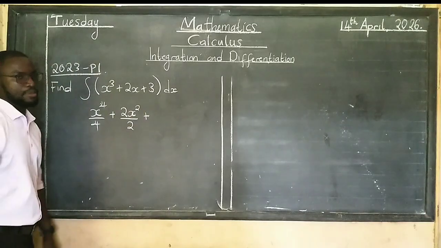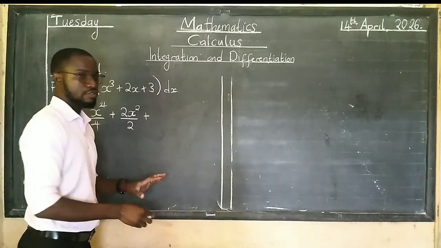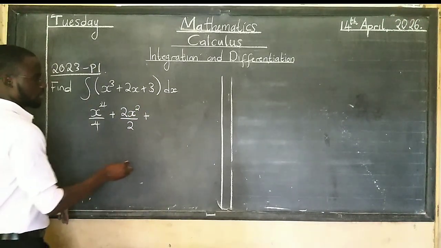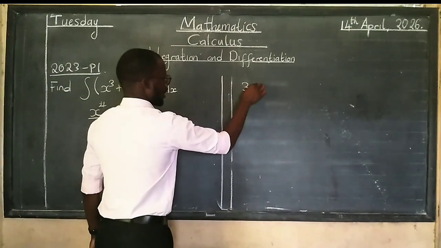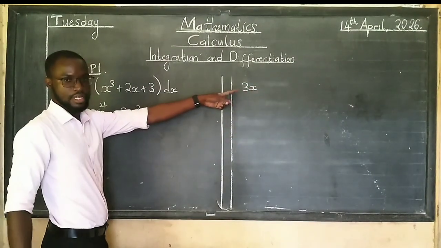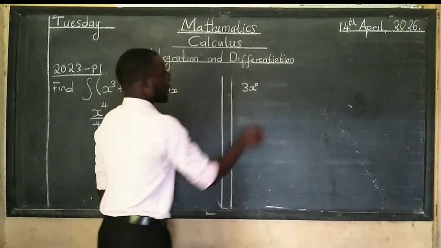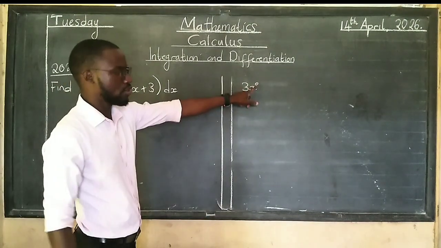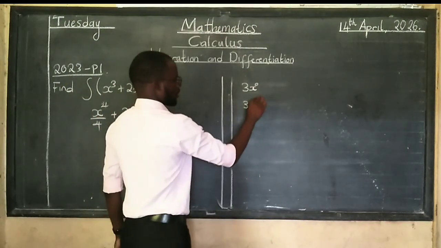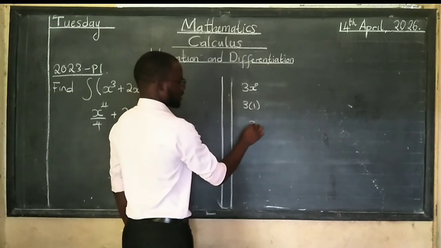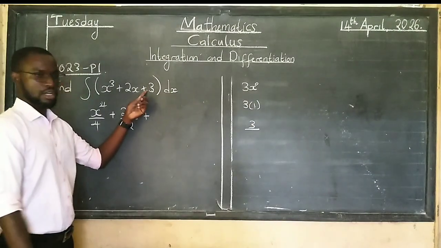Then this 3, that 3 has an invisible x, because it's 3x. If it's just like that, it's to the power 1. If it's not there, then it's x to the power 0. Any number to the power 0 is what? 1. 1 and 3 times that. That's how come the 3 is alone there.